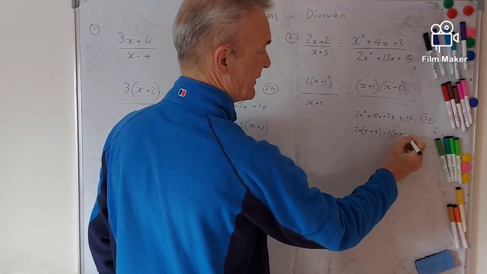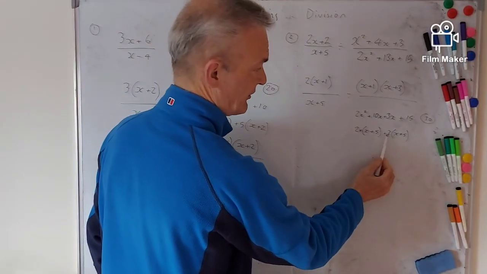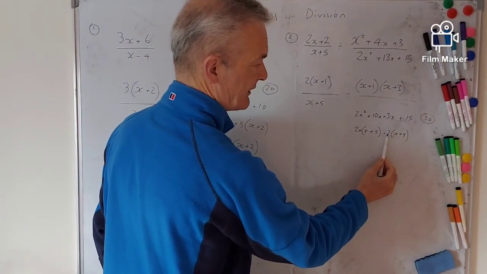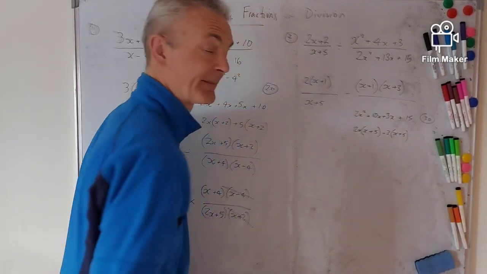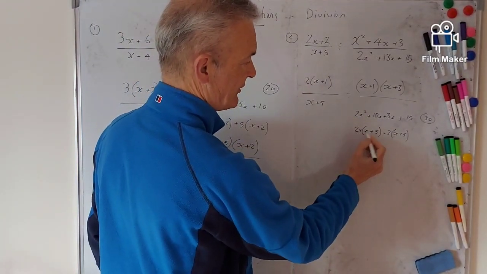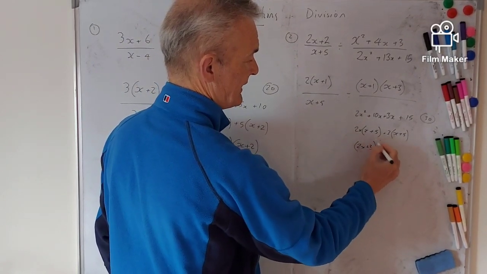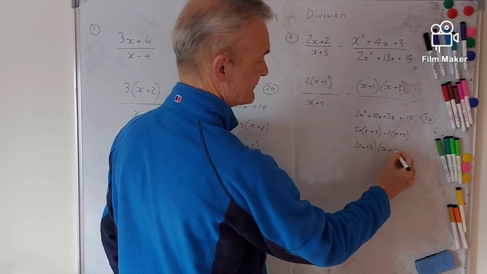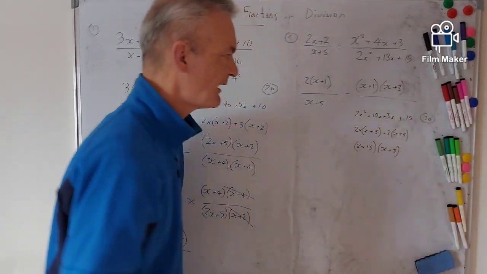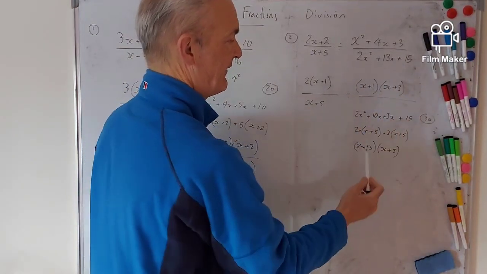So x plus 5. And then just check that it works. So 3 times x is 3x, and 3 times 5 is 15. So that's good. Then just finish this off. So we're going to get 2x plus 3 and x plus 5. So that's this one here factorised.